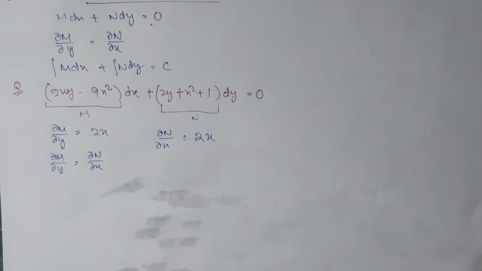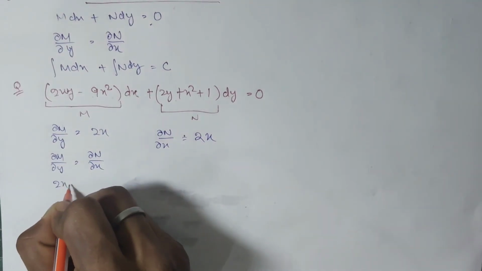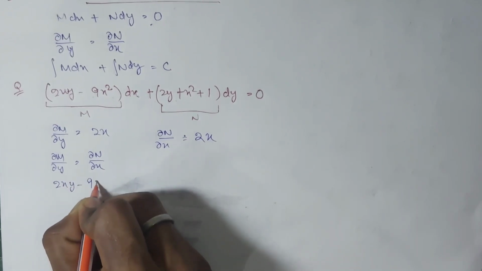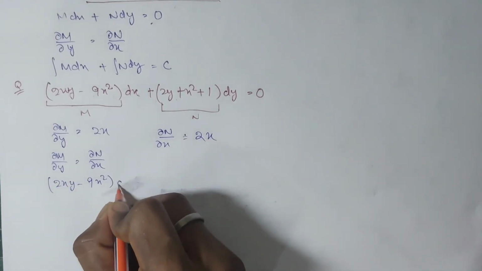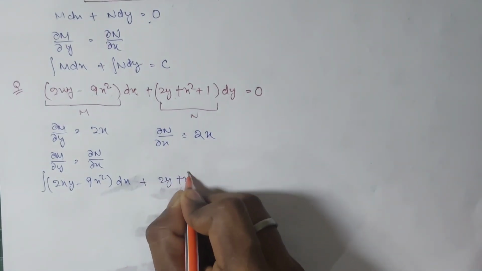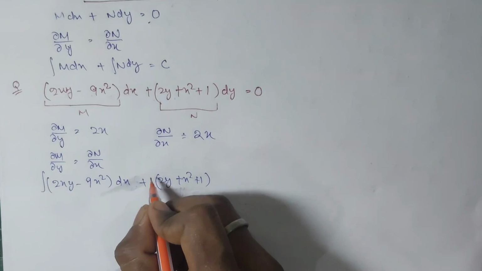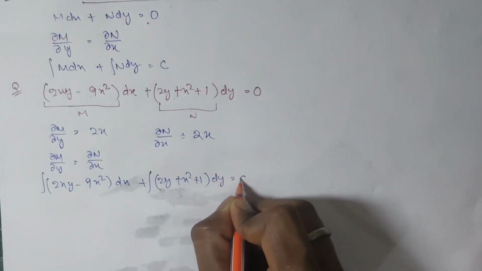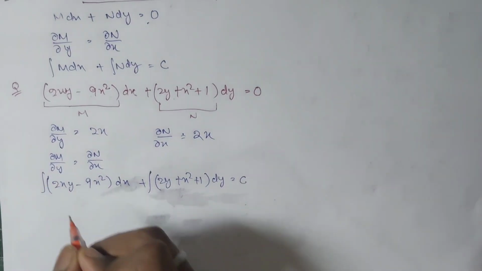If it is an exact differential equation, then we can integrate both sides. The integral of (2xy minus 9x square) dx plus the integral of (2y plus x square plus 1) dy equals a constant.